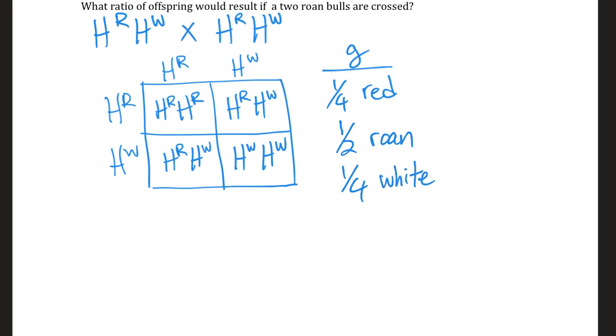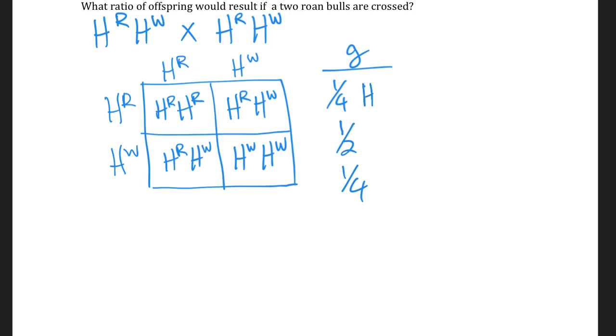Oh, of course, that's not the genotypic ratios. So it's not a genotypic ratio at all.